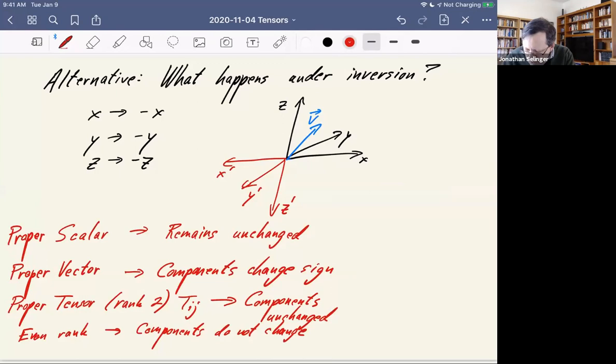And if you have something with an odd rank, the components change sign. Okay, so this is for proper expressions.